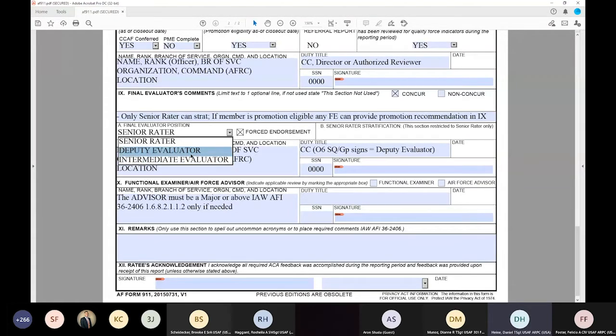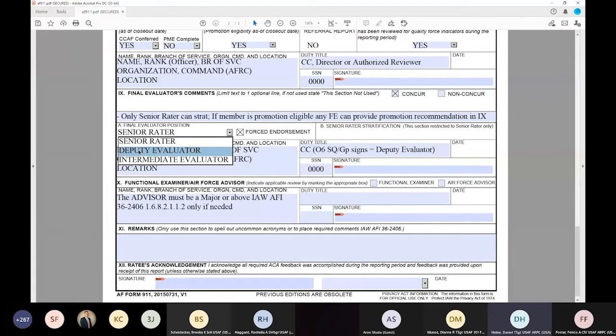The deputy evaluator is any colonel squadron commander or any group commander. So if the member's squadron commander is a colonel, then they will sign as a deputy evaluator. Any group commander would also sign as a deputy evaluator, even if they're a lieutenant colonel. The actual definition of a deputy evaluator is a person who works directly for the senior rater.